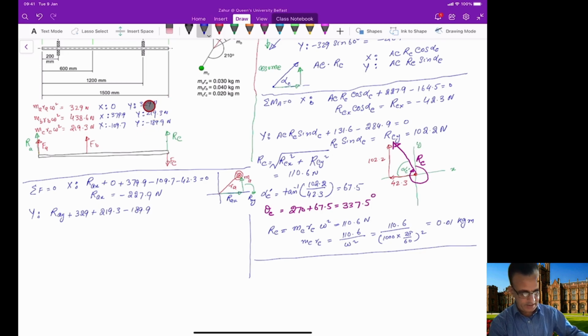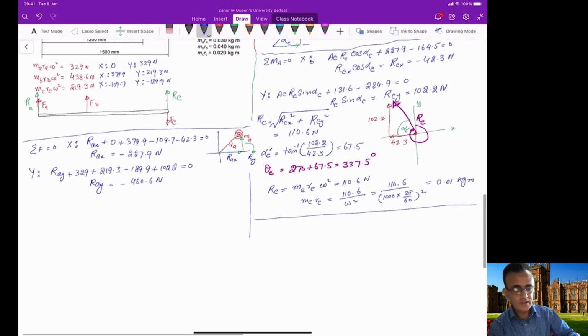So we will just add all these forces in the y direction together, and we will also add this force to the system here, which is RCY, so 102.2 equal to 0. So from this equation we can calculate RAY, which will be equal to minus 460.6 Newton.